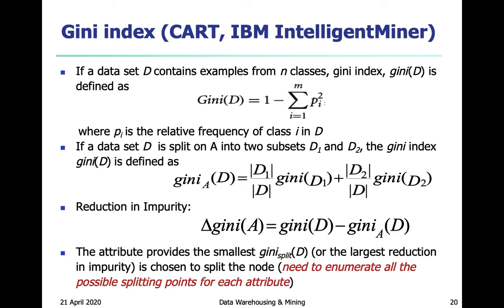To determine the best binary split on A, we will examine all the possible subsets that can be formed using known values of A. And each subset SA can be considered as a binary test for attribute A of the form: does A belong to SA or not?